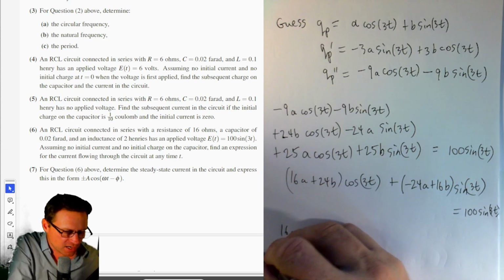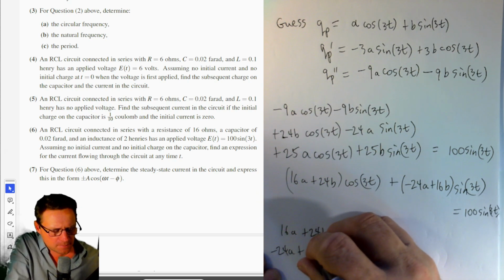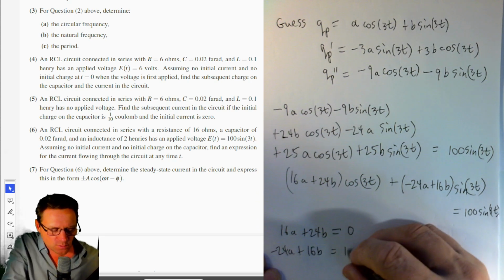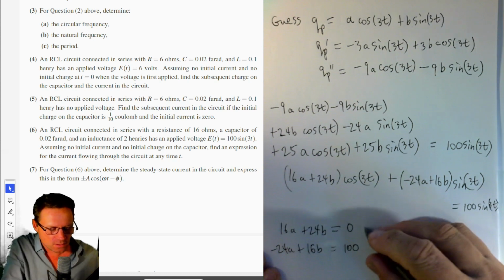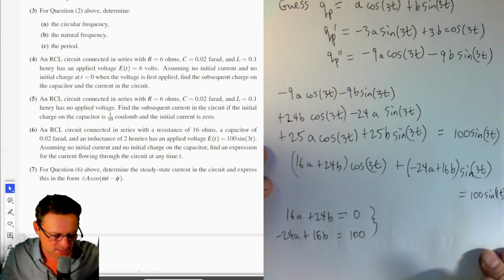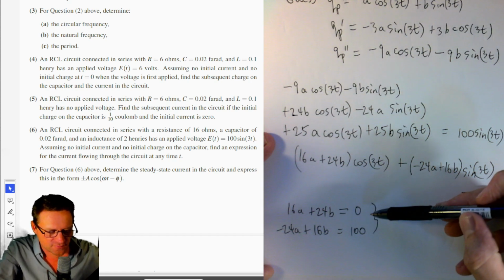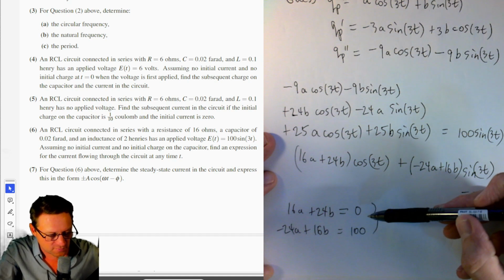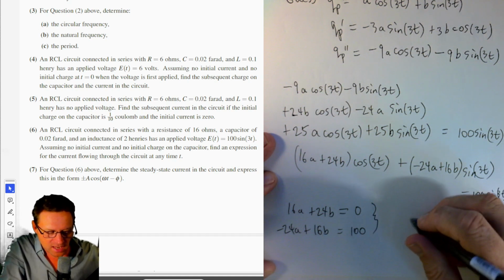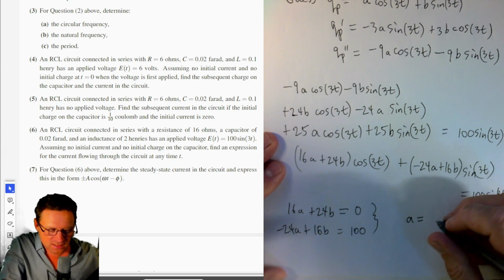And then we have minus 24a plus 16b is equal to 100. Okay, so some simultaneous equations to solve in lowercase a and lowercase b. So what we can do here is take the first one and solve for a. And so we get a is equal to minus 24 over 16 times b.